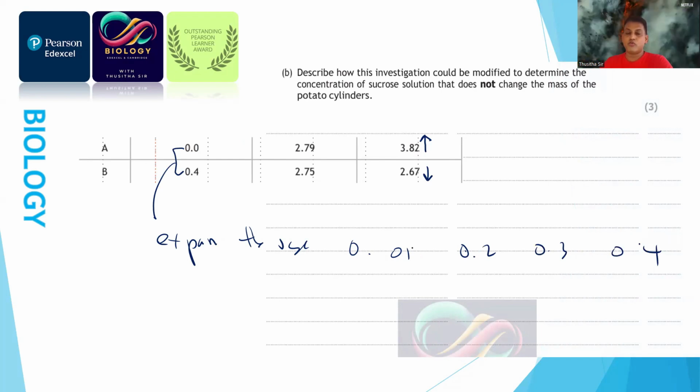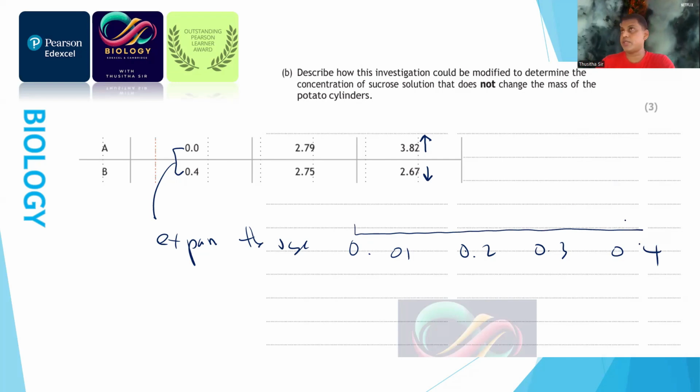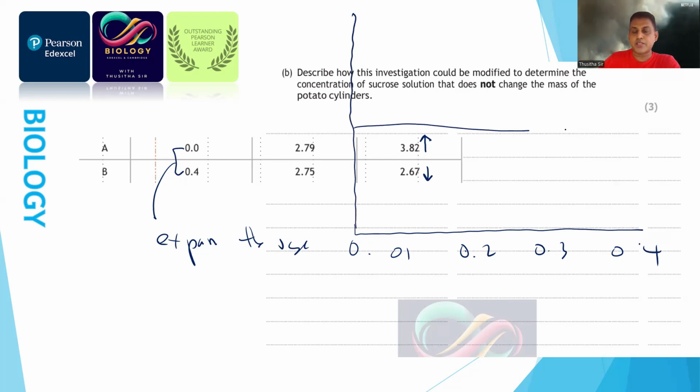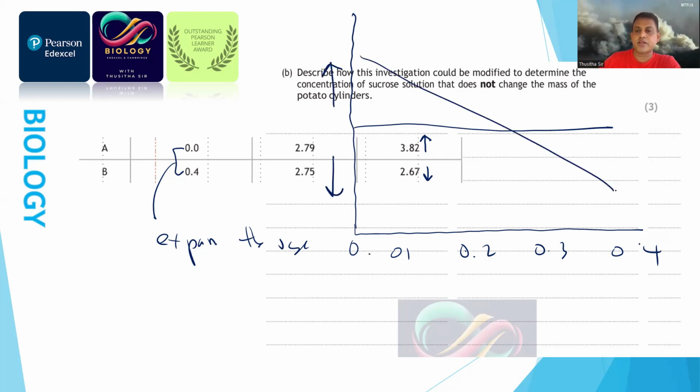So we take these 5 values, redo the experiment and collect the data, get the mean value and plot the graph, and then we take the intercept where it cuts. For example, here is the graph with the positive value for mass increase and the negative for mass decrease. The intercept here shows the isotonic concentration, 0.25.